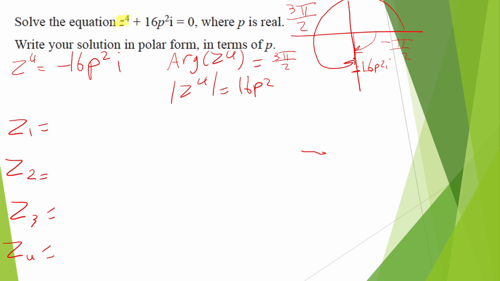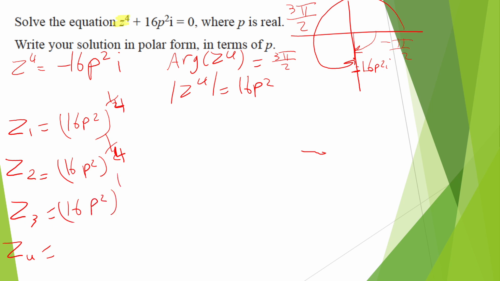So I'm going to write my solutions here. Z to the power of 4, that means I will have to take the 4th root to find Z. So the 4th root being a quarter, I'm going to do 16p squared, which is the modulus, to the power of a quarter, 1 over 4.